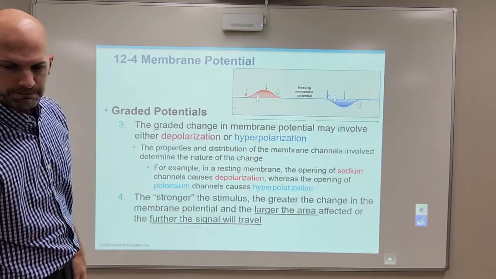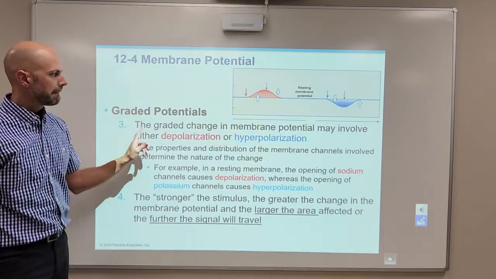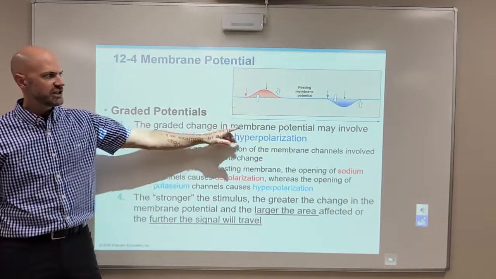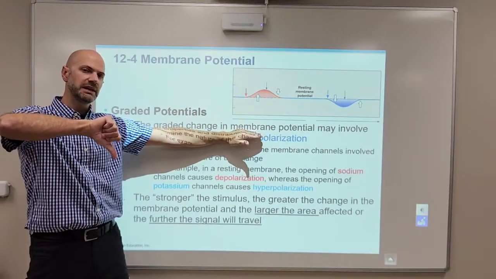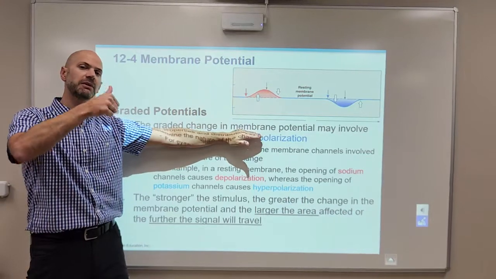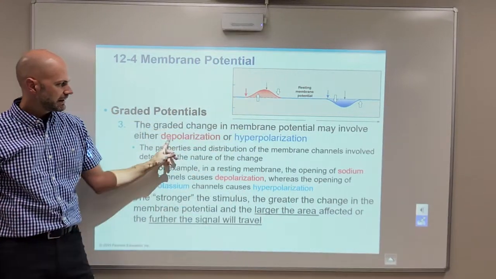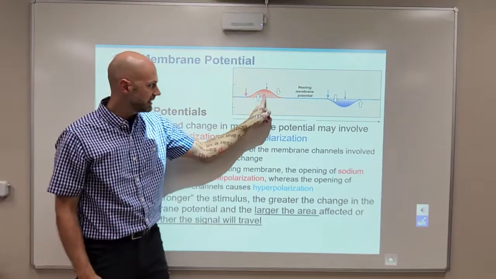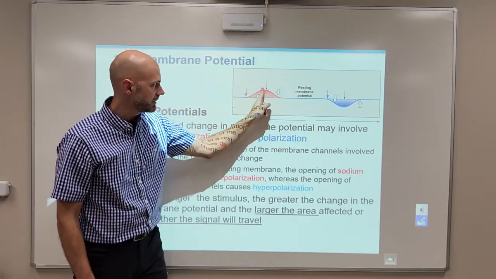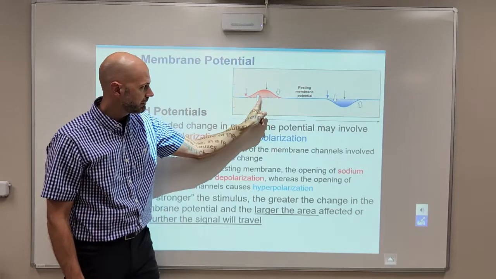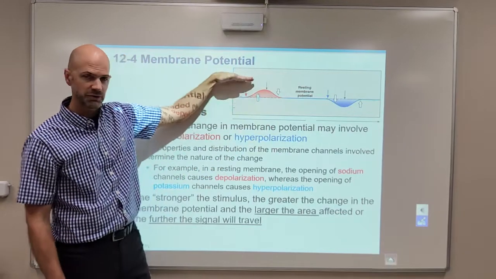Number 3, the graded change in membrane potential could be positive or negative, meaning it could be excitatory or inhibitory. Depolarization means that the direction of the charge graph is to move up. So you can see this red bump at the top here. We are moving closer to the threshold, which would be up here.